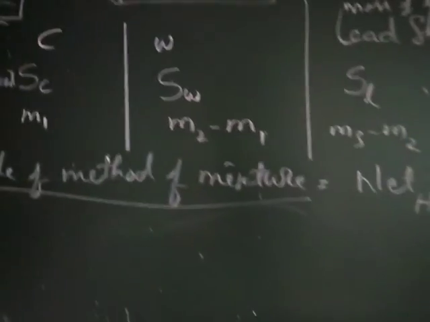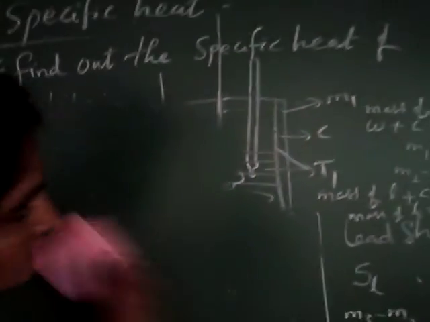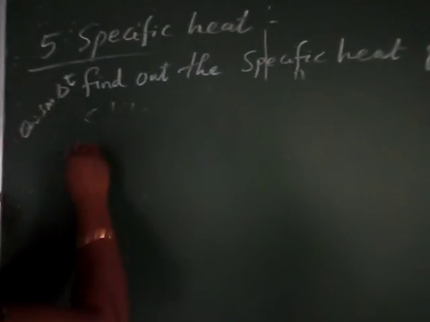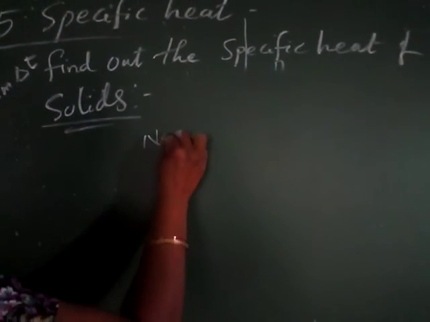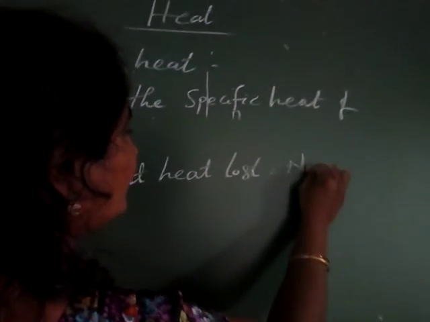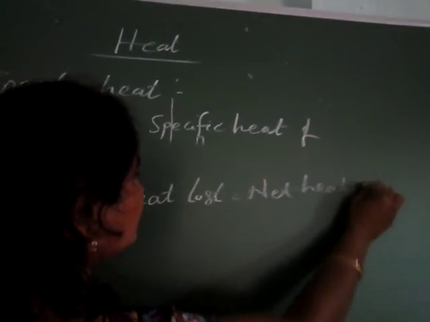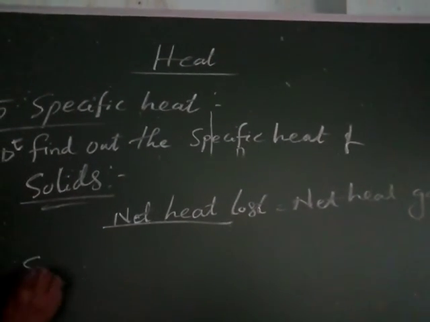We have to apply this one. Okay, here what is the net heat loss by the hotter body? We have to write. Okay, I will wrap it because there is no space. Net heat lost equals net heat gain. Okay, I already told you the hotter body here is lead shards.